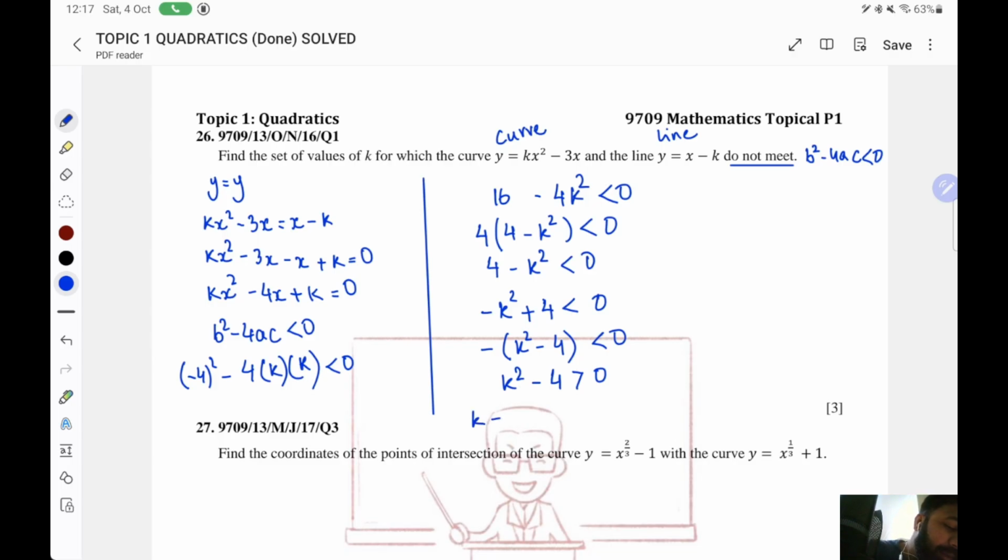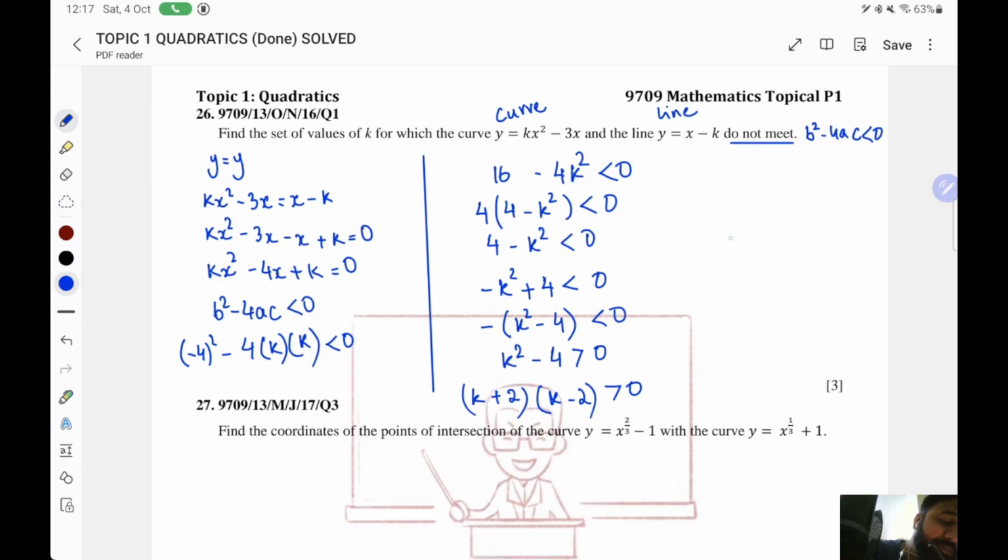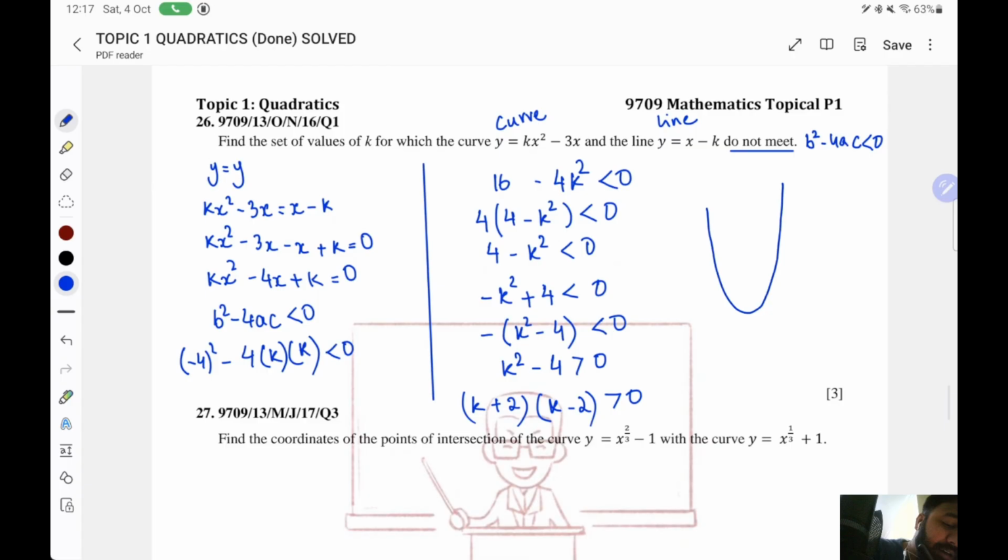Now if I apply the identity, one time it will be k plus 2 and the other time it will be k minus 2 greater than 0. Now if I sketch the graph, the critical values are negative 2 and positive 2, and it says the region above that.